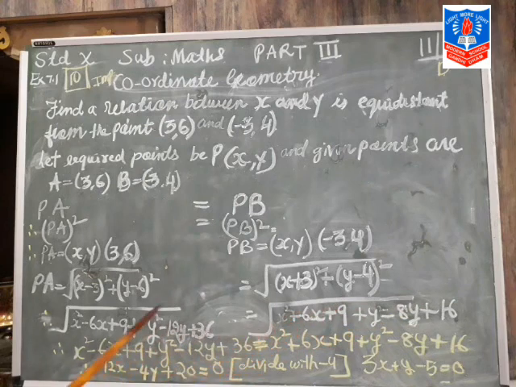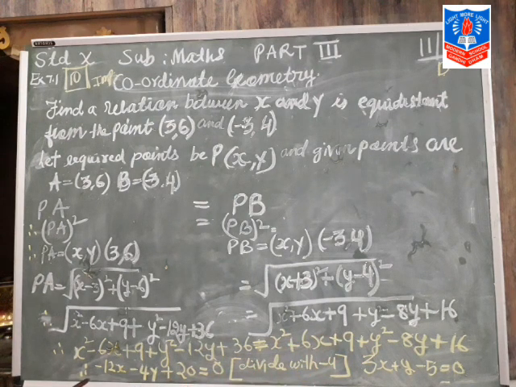Now remove the square root, squaring both sides. So now x square minus 6x plus 9, y square minus 12y plus 36. Here, similarly, x square we can cut. Minus 6x and minus 6x is minus 12x. Here 9, and here again y square and here minus y square, so you can cut.